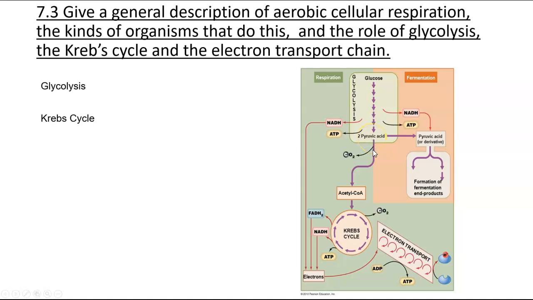Enzymes break these pyruvic acid molecules apart, and they make acetyl-CoA, which is 2 carbons. Oh, there I lost 1 carbon. There's the acetyl-CoA, and then that's processed through a cycle of enzymes. These enzymes continue to process that acetyl-CoA until it's completely broken down into carbon dioxide.